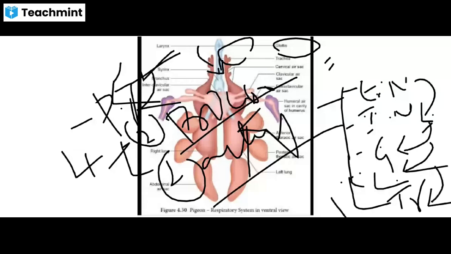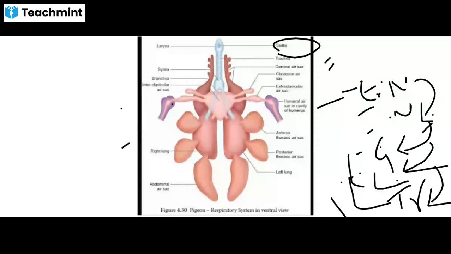Trachea is a long, cylindrical and flexible tube running back through the neck ventral to the esophagus. The wall of the trachea is supported by bony ridges called tracheal rings.